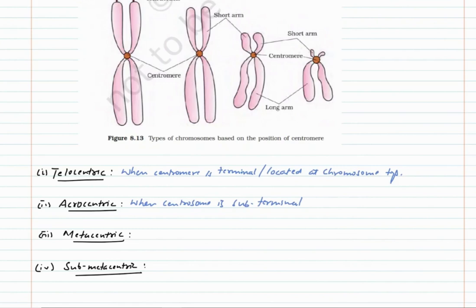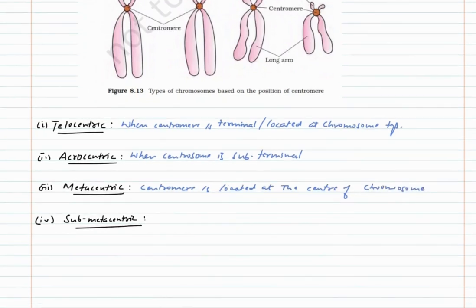Metacentric chromosome is where centromere is located at the center of chromosome. In a submetacentric chromosome, the centromere is located near the center. Now the ratio of long arm to the short arm of chromosome, it is called as arm ratio.